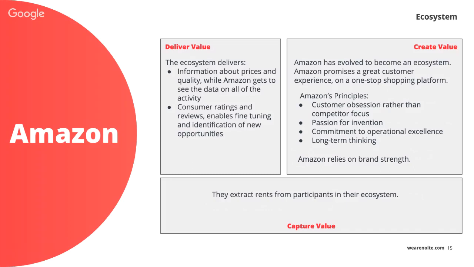They have four different principles. The first one is customer obsession rather than competitor focus. So they think more about the customers and what the customers want or may want, instead of looking at other places to see how the competitors are doing. The other principle is passion for invention. This is something that was written by Jeff Bezos in the last letter to their shareholders.